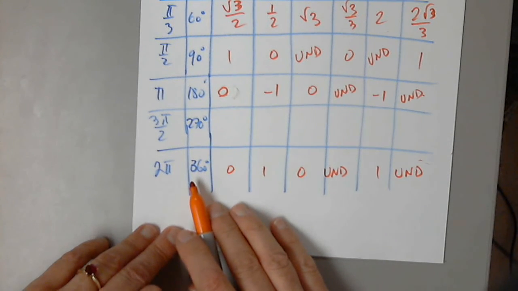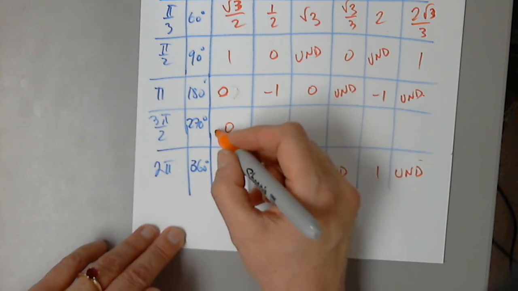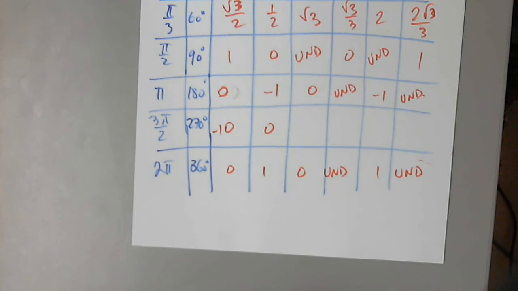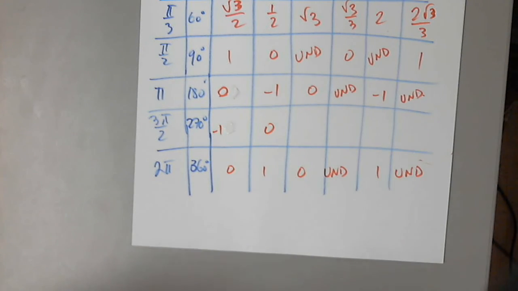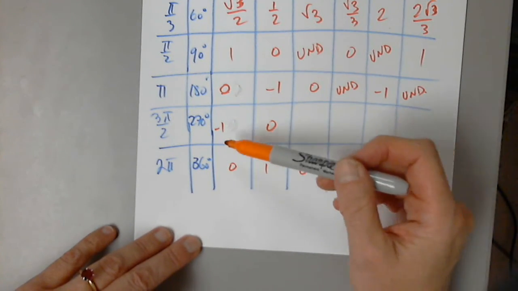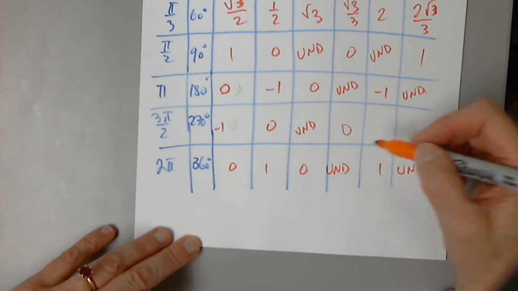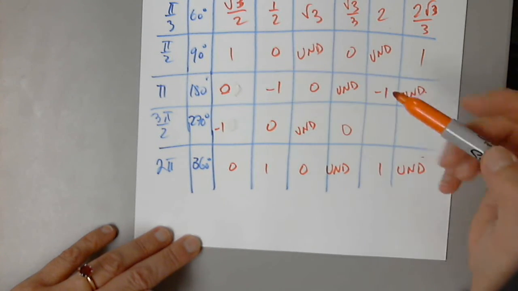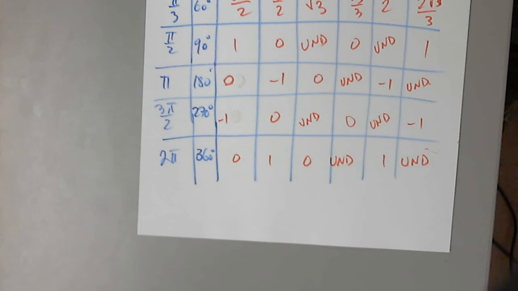And for 3 pi over 2, sine is negative 1, cosine is 0. And then they are reversed. So tangent is undefined. Cotangent is 0. Secant is 1 over cosine, undefined. And cosecant is 1 over sine, negative 1.